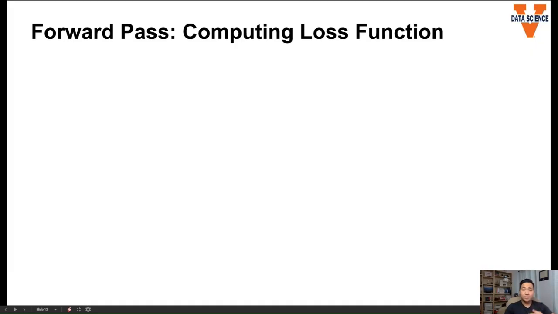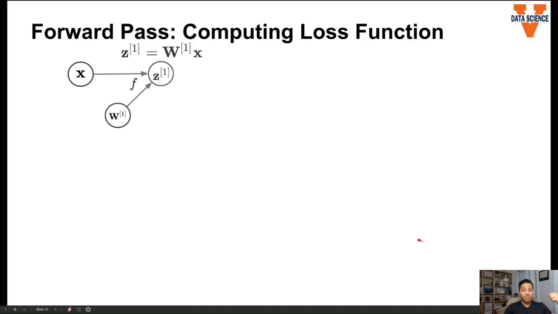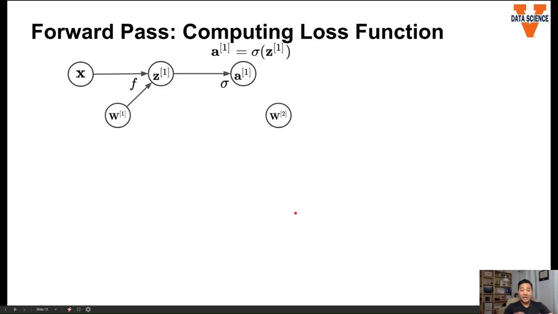So step number 1 is the forward pass. All I want to do is compute the loss function, right? So I have my data x and my weight w. I'm going to combine them into z using a linear transformation, or matrix multiplication, wx. And then I will use a nonlinear transformation, sigma, to compute a1 from z1. Next, I'm going to have a different set of weights here because I will do another affine or linear transformation to calculate z2, or the z of layer 2, right?